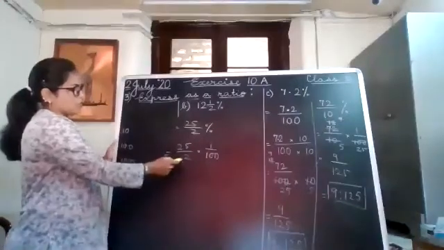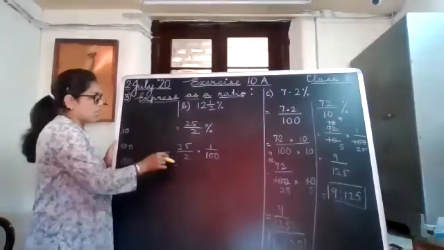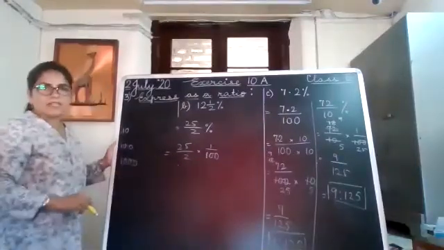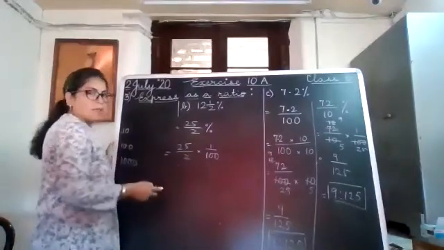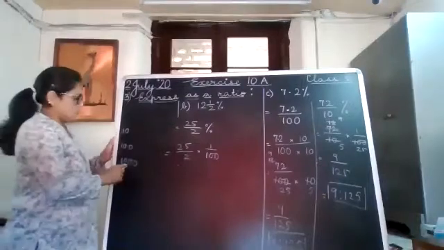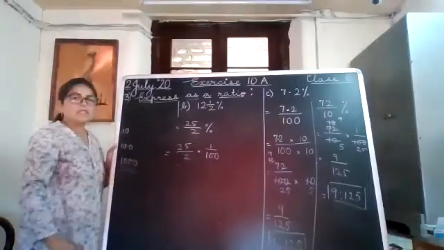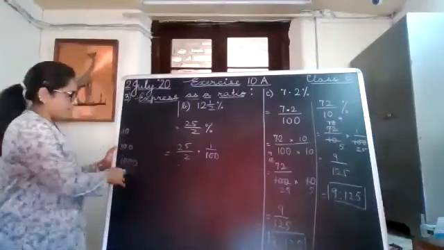In this question, if I am reducing, then the number will change and I won't get a power of 10 at the denominator. But here, 2 multiplied by 100 is 200, so 200 can be changed to 1000 by multiplying by 5. 200 multiplied by 5 is 1000.